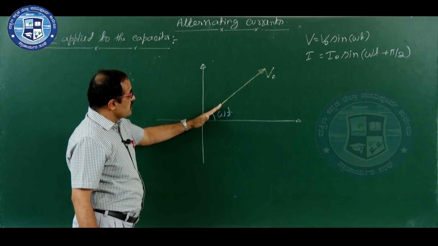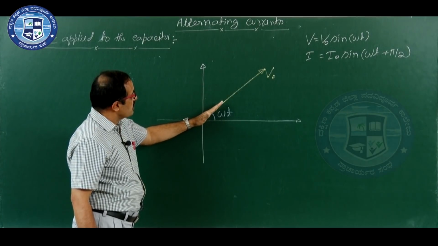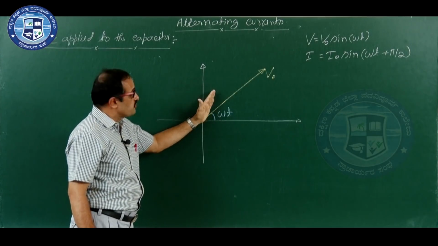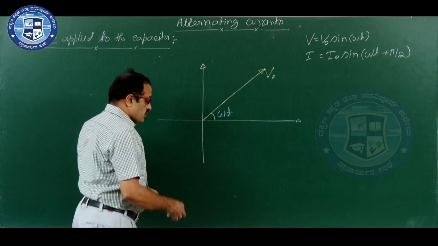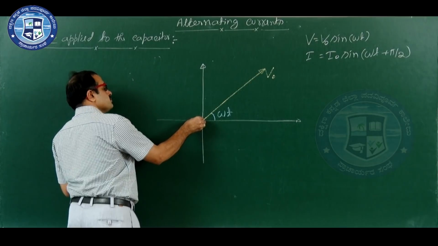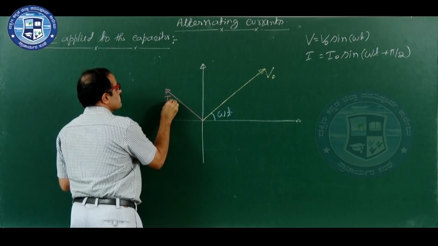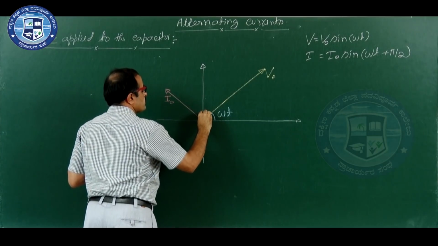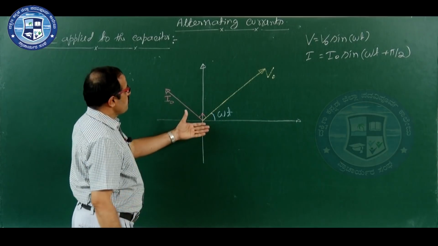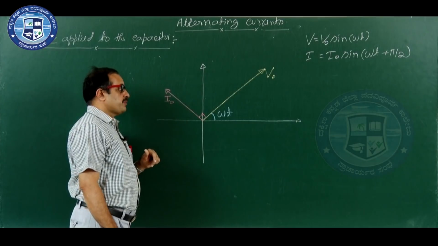So, omega t plus pi by 2, another 90 degrees from here. It must be in the anti-clockwise direction, because in anti-clockwise direction angle is positive, clockwise negative. Therefore, 90 degrees ahead, it must be like this, I naught. So, this is the phasor drawing for voltage and current in the case of pure capacitor.